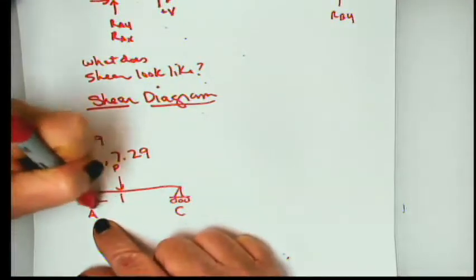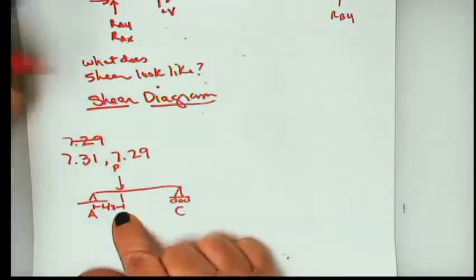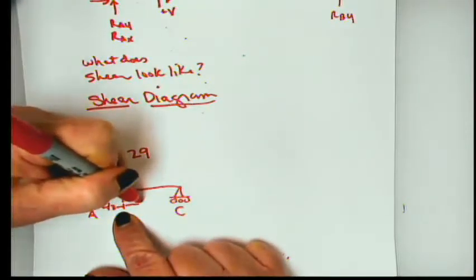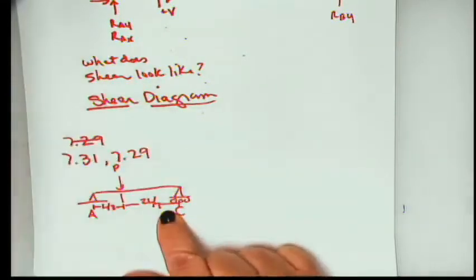The distance from A to here is 1/3 of the beam's length. And so from here to here is going to be 2/3 of the beam's length. All right. And the question 7.31 says, draw the shear and bending moment diagram. So we'll just do the shear diagram.